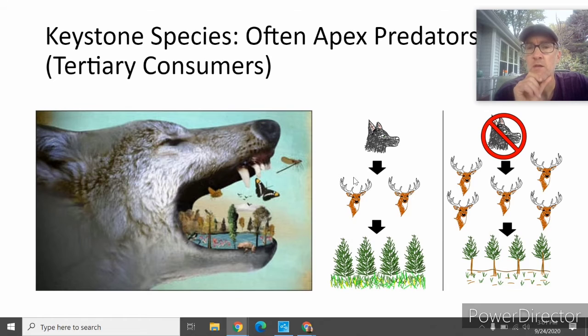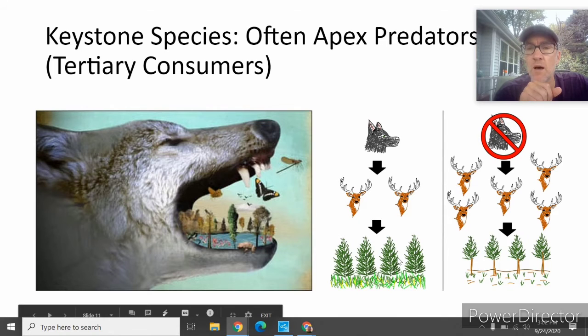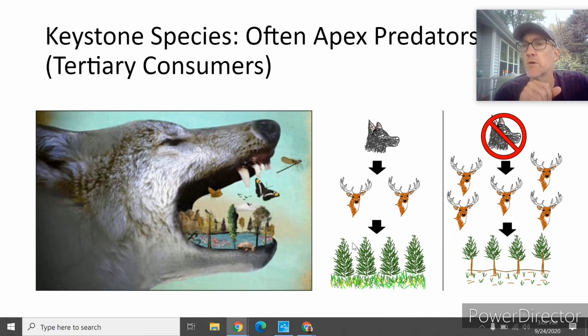So affecting animals like deer and elk, and consequently changing the vegetation. The vegetation was able to grow in certain areas where it couldn't before. And in fact, we're going to learn changing even the hydrology of the Yellowstone National Park.